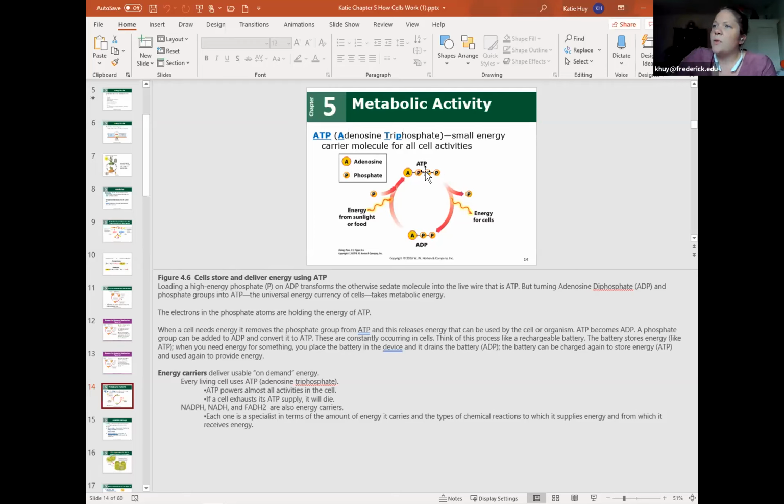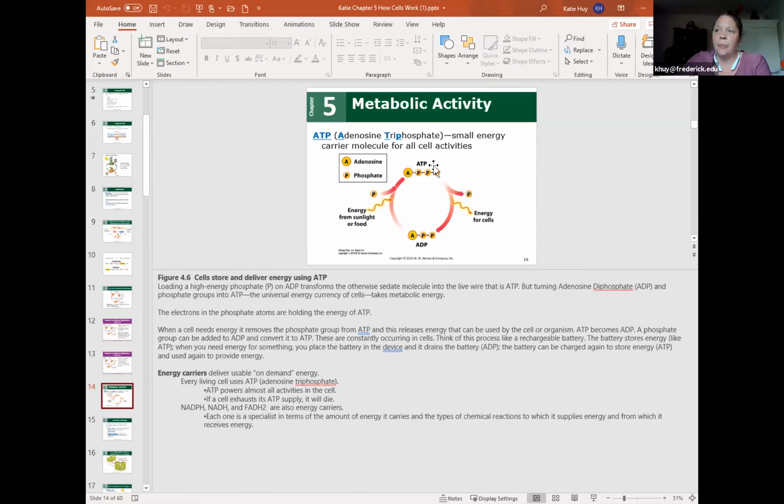And what happens is when energy changes, because if you remember, the first law of thermodynamics is that energy cannot be created or destroyed. So here, as ATP is going around, we might lose this phosphate because it has another job to do. And then we have ADP.